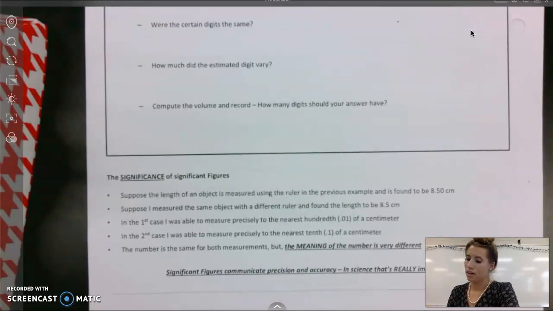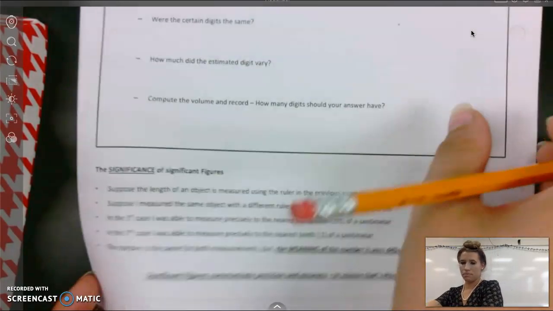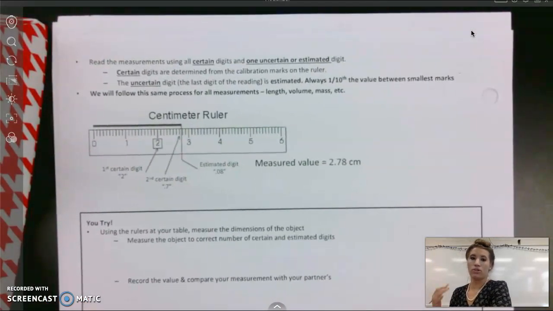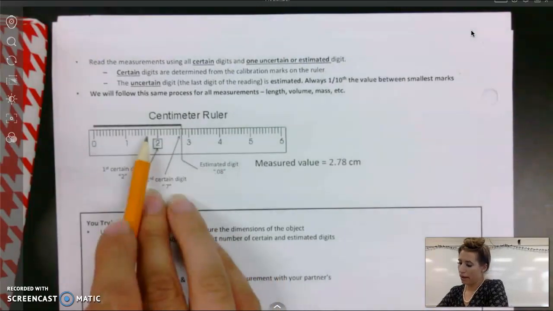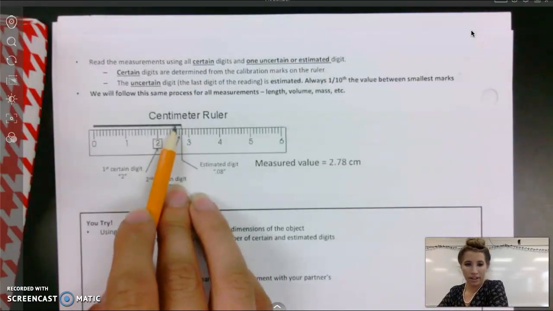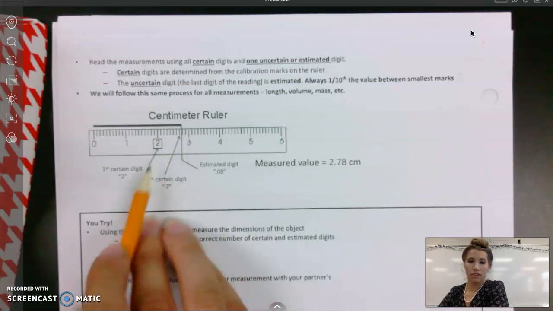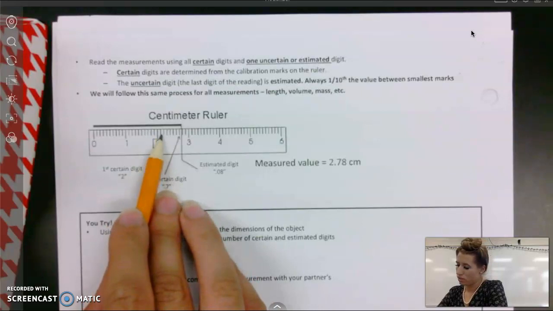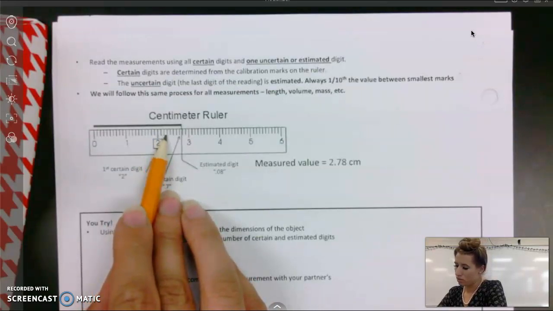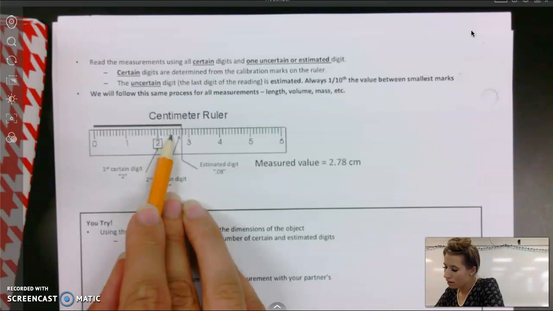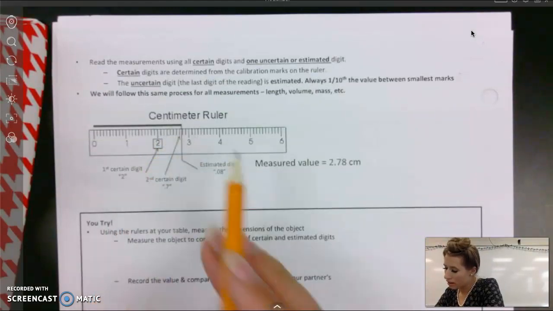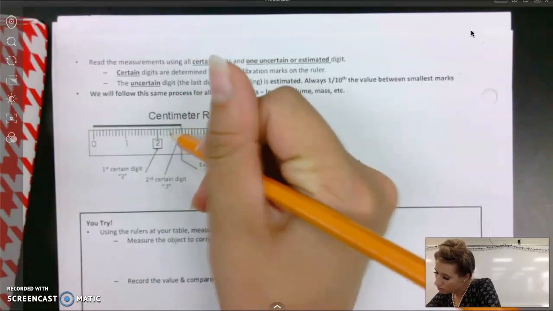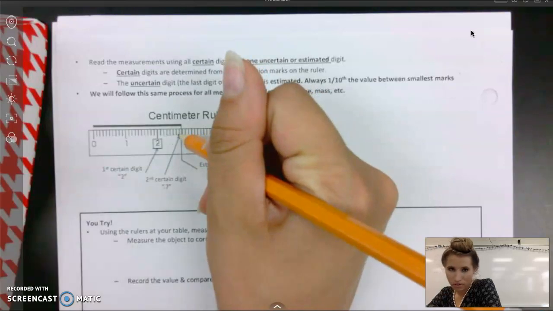Okay, we talked about certain and uncertain digits. If we are certain that an object is past a calibration mark or at a calibration mark, like here, we're certain we're past 2, and 2.1, 2, 3, 4, 5, 6, 7, and we're certain of that.